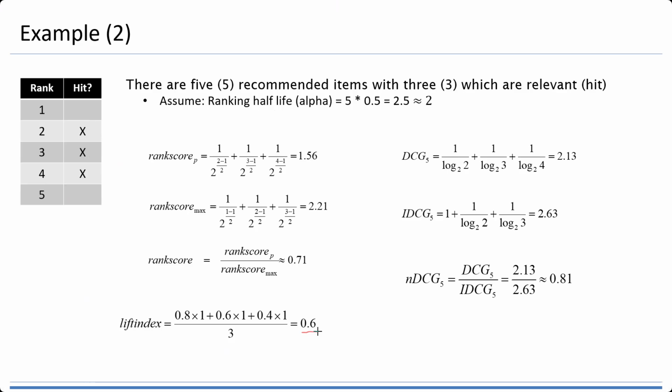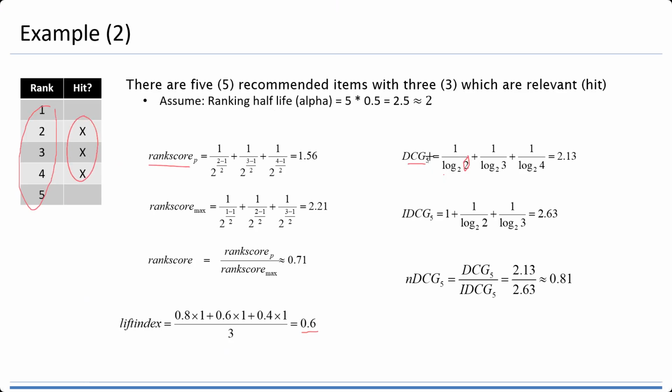What about the DCG, discounted cumulative gain? Based on the formula, the idea is similar to the rank score. We want to know the rank of the product which has been recommended and is relevant to the users.